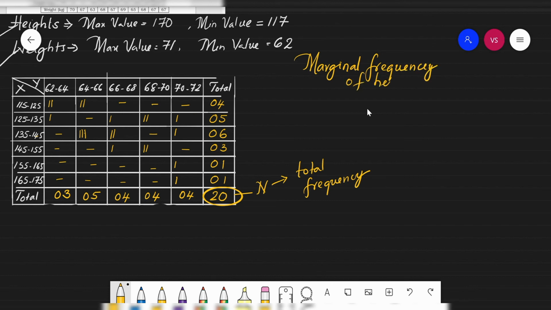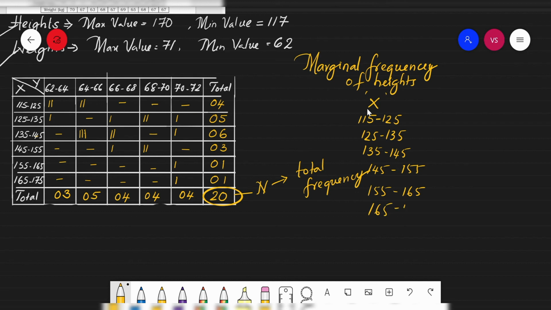When they said heights, heights we denote as x, and the values that we have here are 115 to 125, 125 to 135, 135 to 145, 145 to 155, 155 to 165, 165 to 175.